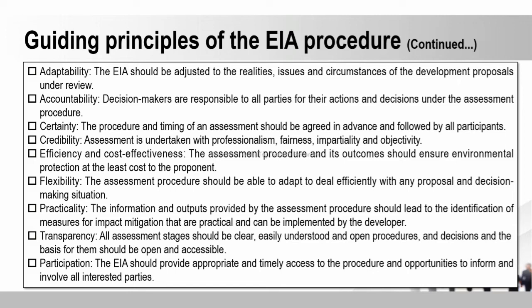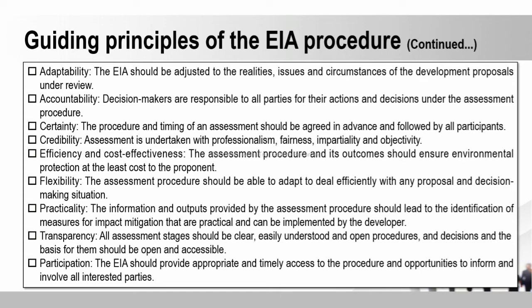So it should be practical, and the assessment or the procedure should be applied in the real situation or real scenario of that particular area of concern. Then transparency. All assessment stages should be clear, easily understood, and open procedures and decisions, and the basis for them should be open and accessible.